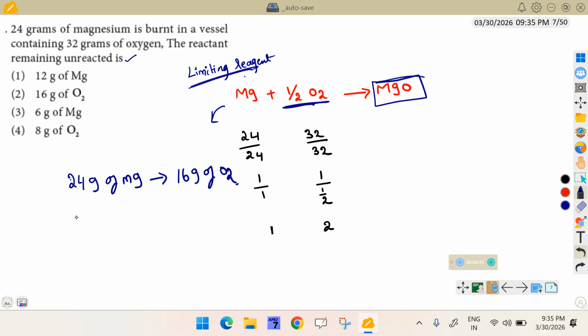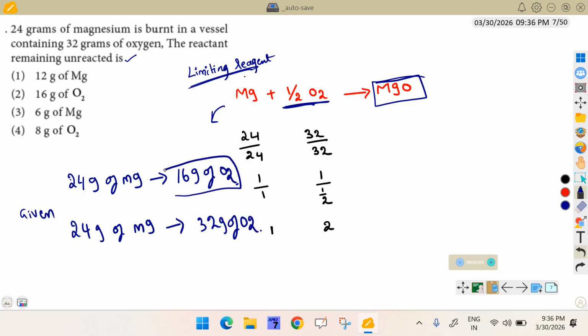But in the given question, 24 grams of magnesium is burnt in a vessel containing 32 grams of oxygen. Actually, according to the equation, 16 grams of oxygen is enough.